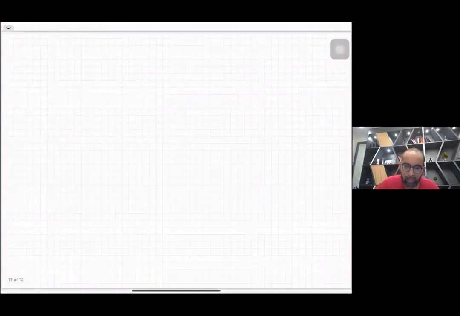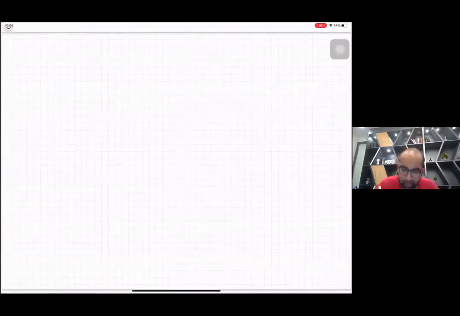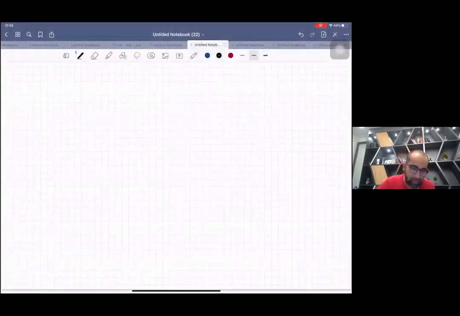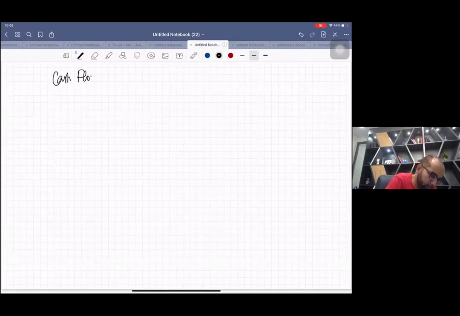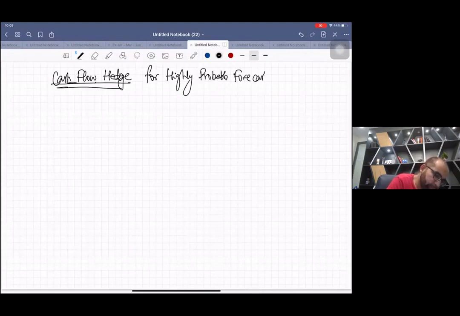Listen, I'm using a separate proper page to explain this. You know, in cash flow hedge, for highly probable forecast transaction.